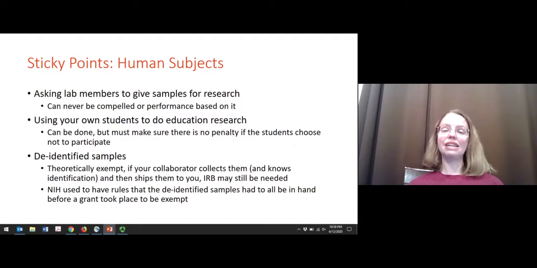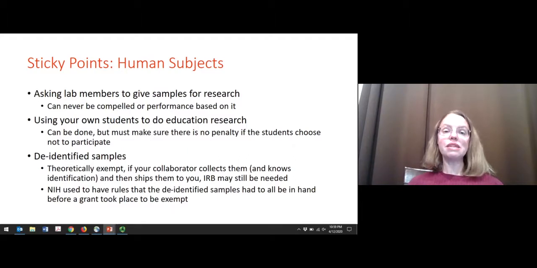So if they were going to be collected at all during the time of the grant, you had to write the IRB, and you had to get IRB approval. So it's a really narrow exemption, and you shouldn't just think, oh, of course my stuff is E4 exempt. And how do you know that it's E4 exempt? You send it to the IRB, and they tell you it's exempt. So it's not even like you get out of it necessarily, that you have to prove that it's exempt to the NIH or to your IRB.